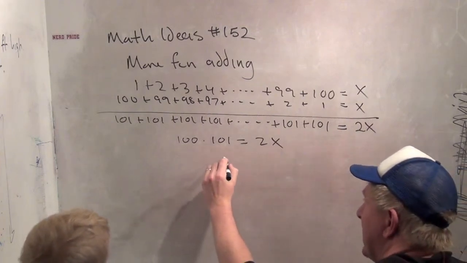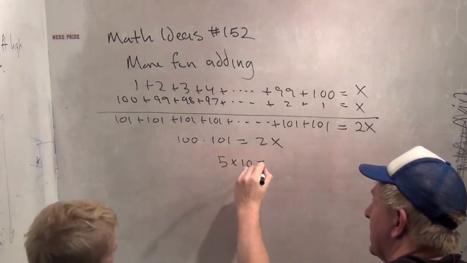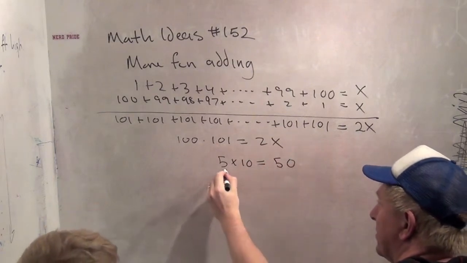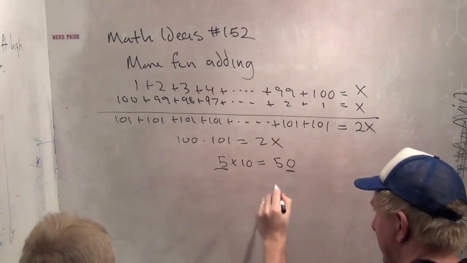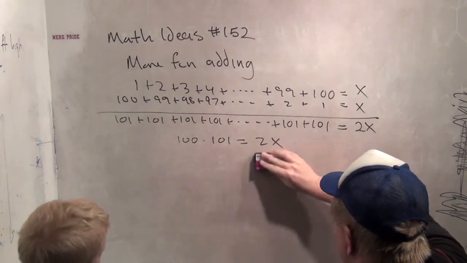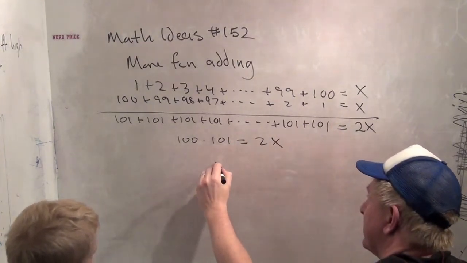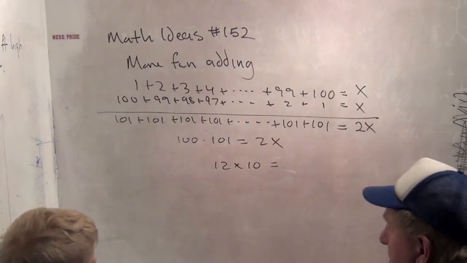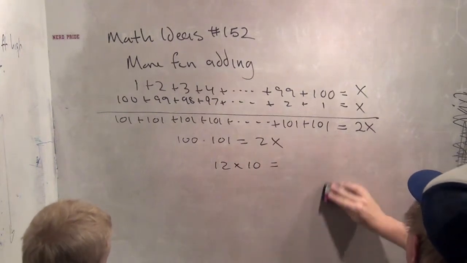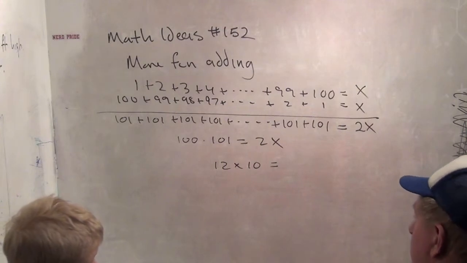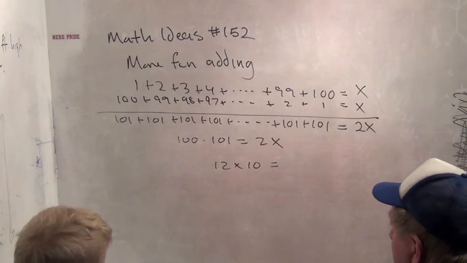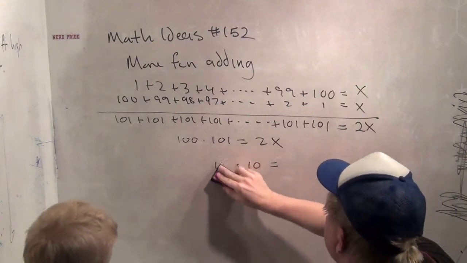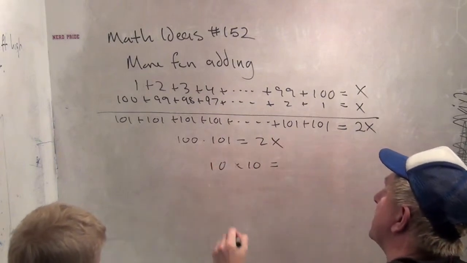What's 5 times 10? 5 times 10 is 50. See, I start with a 5, and when I multiply by 10, I just add on a 0. What's 12 times 10? What's 10 times 10? 100.